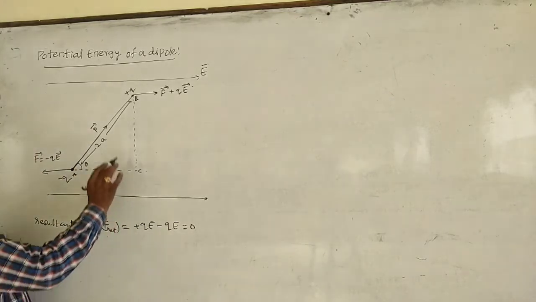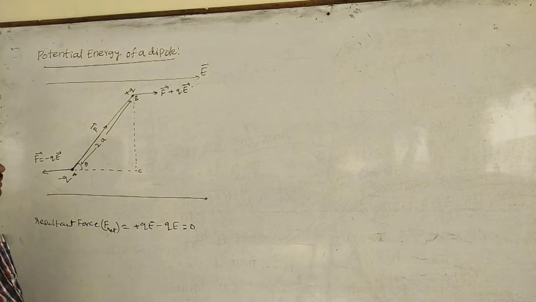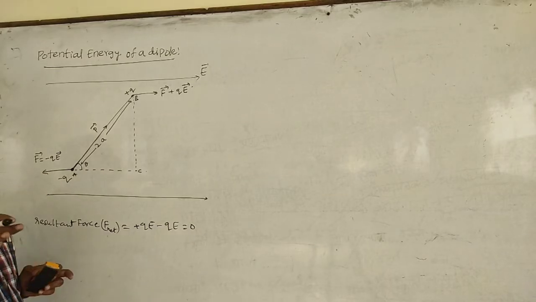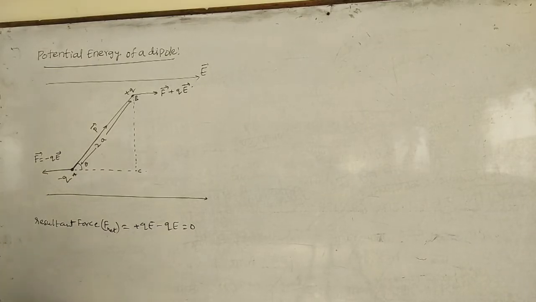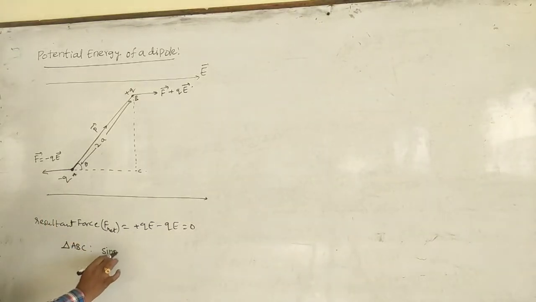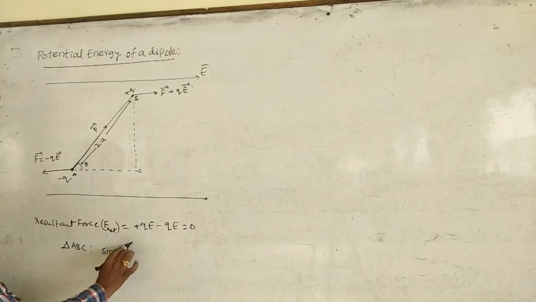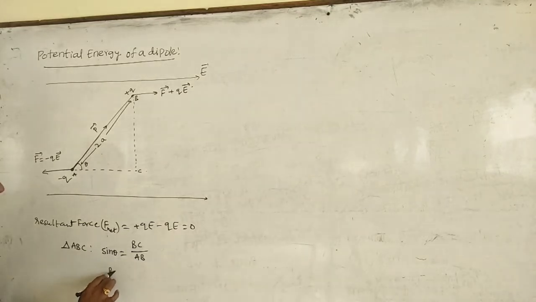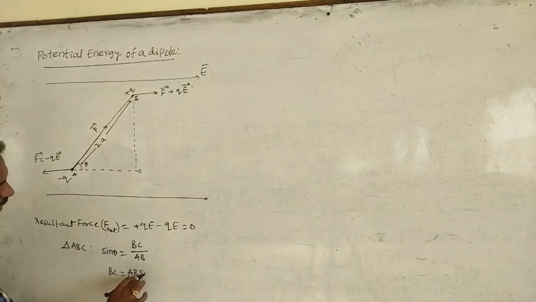But torque is not 0. Because two equal and opposite forces are acting, there is a couple, a torque, acting on the dipole. That torque we are going to calculate. From triangle ABC, sin theta equals opposite side by hypotenuse AB, so BC equals AB sin theta.